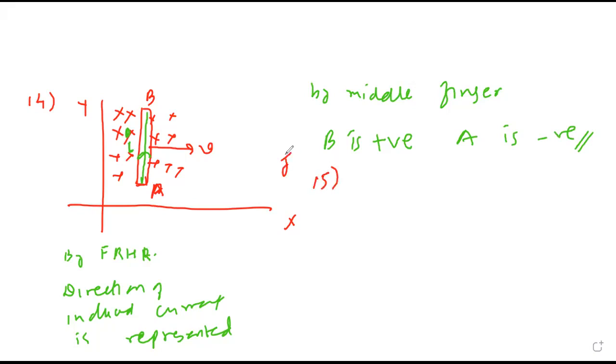15C, important one. When a sheet of metal is placed in magnetic field, east, west, north, south.